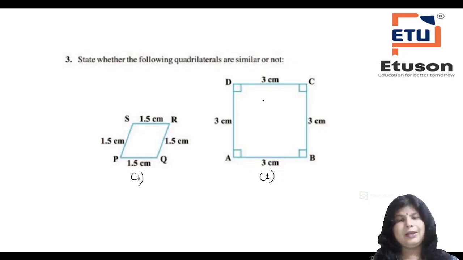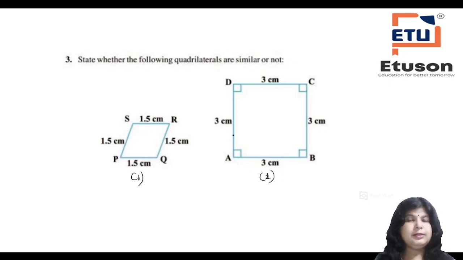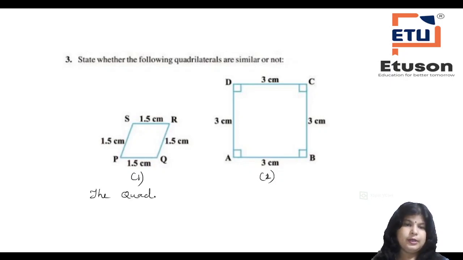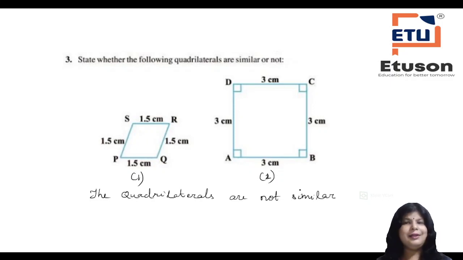Although the sides are proportionate, because here all the sides are 1.5 and here all the sides are 3 centimeters, which is just double the size of each side, one condition is satisfied but the other condition is not satisfied, that is, the angles are not equal. The quadrilaterals are not similar. Correct.